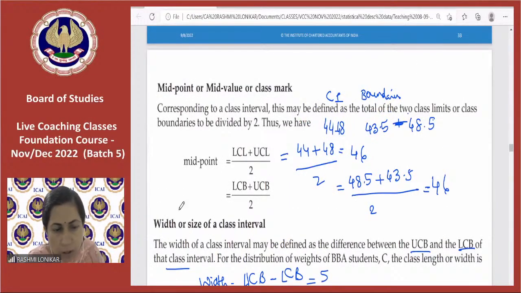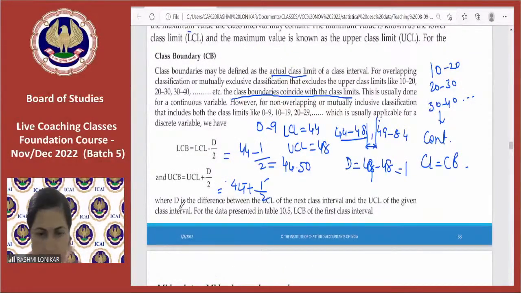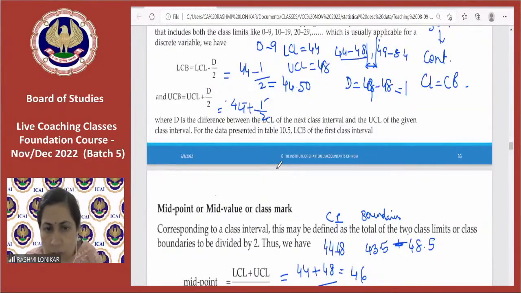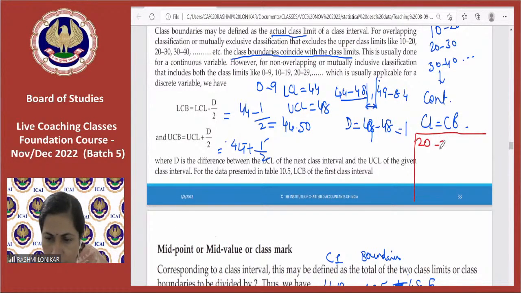See, what happens when suppose I have class interval 20 to 30 and 30 to 40. It is continuous. Can you see 20 to 30 and 30 to 40? No number is missing.